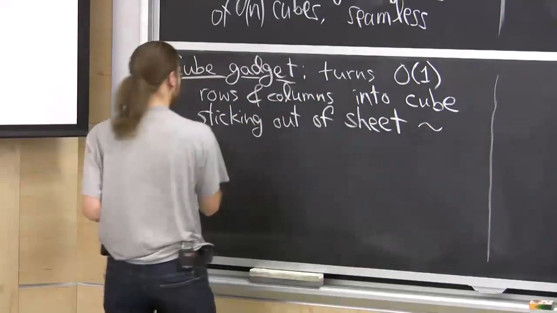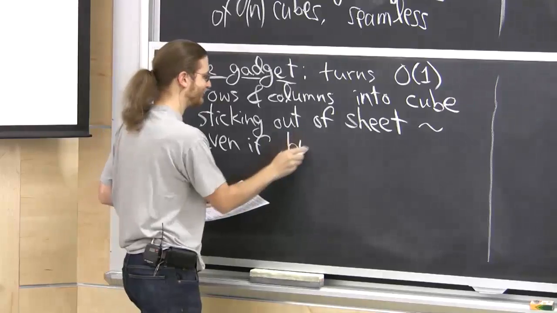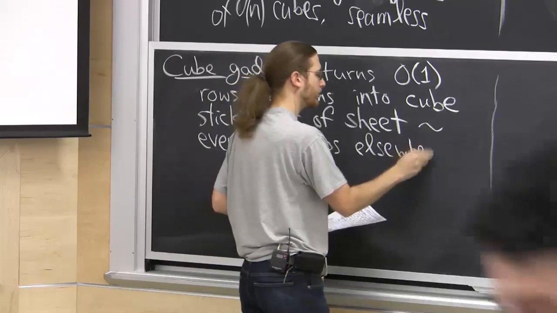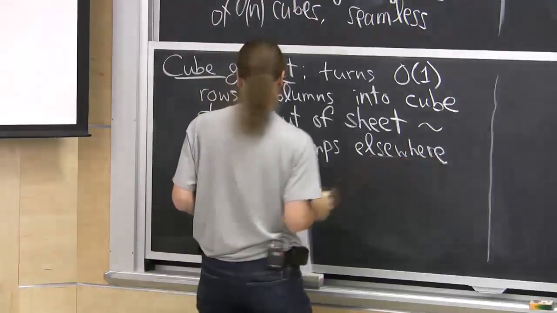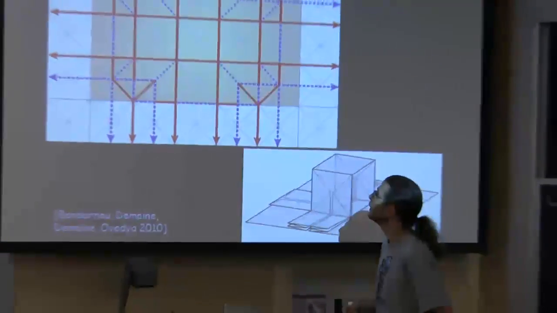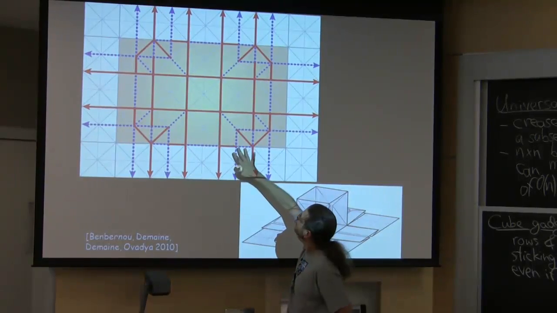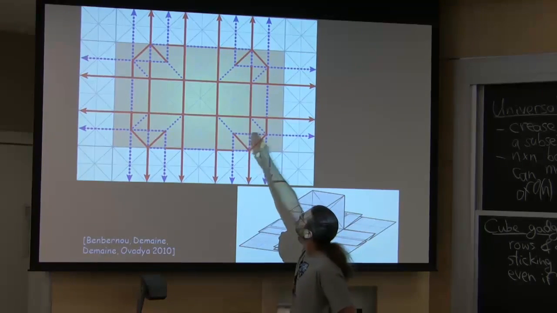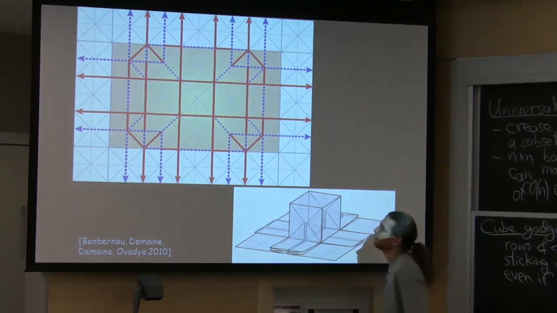And the key property is it works even if there are bumps on your sheet elsewhere. So when I say elsewhere, let me show you the cube gadget again. There's actually two columns getting used up here, and there's one row getting used up there. So there's one row and two columns in this corner, and there's actually one row and two columns used up in each corner.